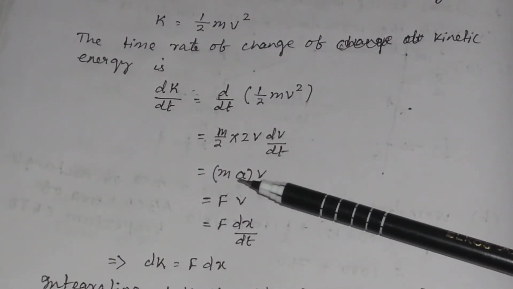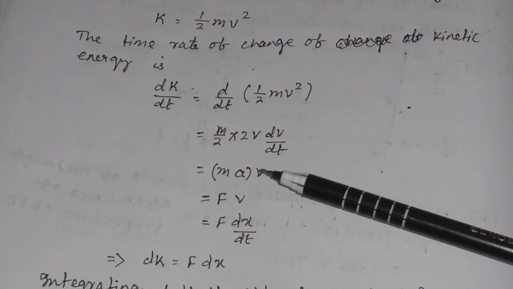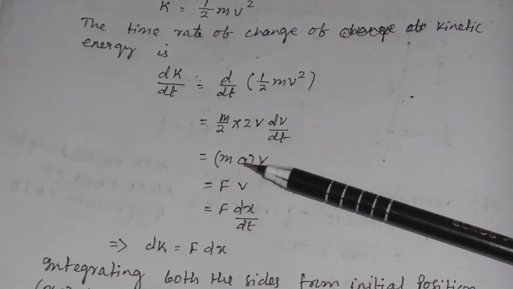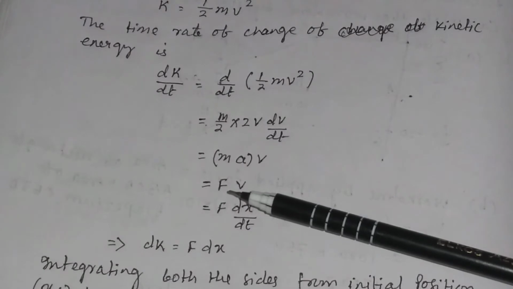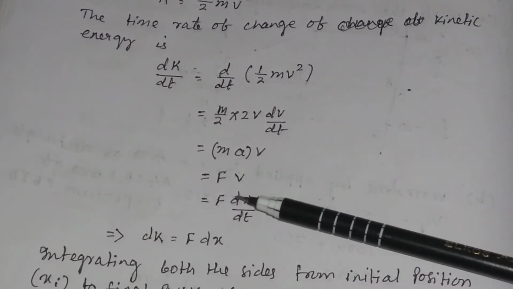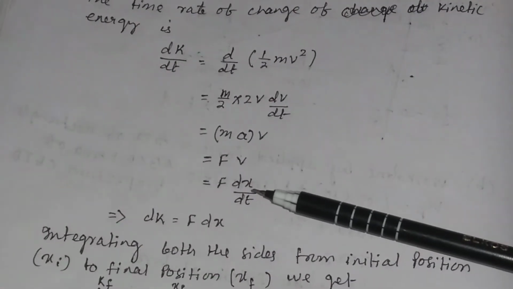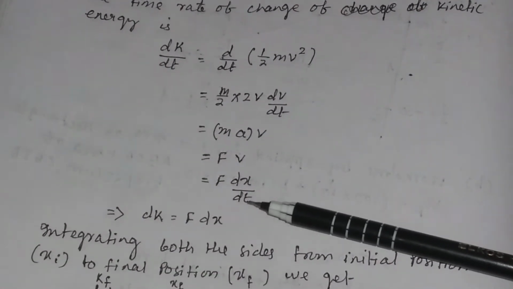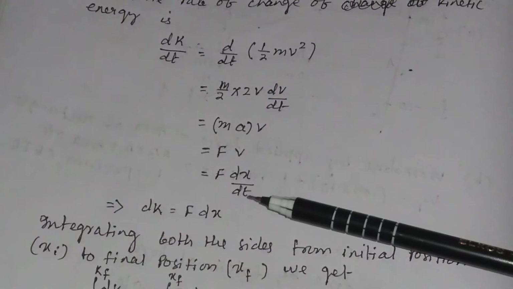So it is equal to mass into acceleration into velocity, and from Newton's second law, mass into acceleration is equal to force. So force into velocity. Velocity can be written as the rate of change of displacement, that is dx by dt, or the derivative of x with respect to t.